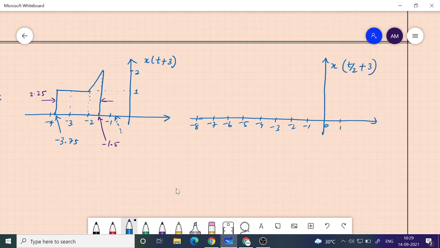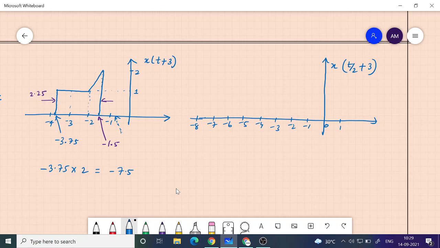So 3.75 into 2, or minus 3.75 into 2, is minus 7.5. So that you mark.